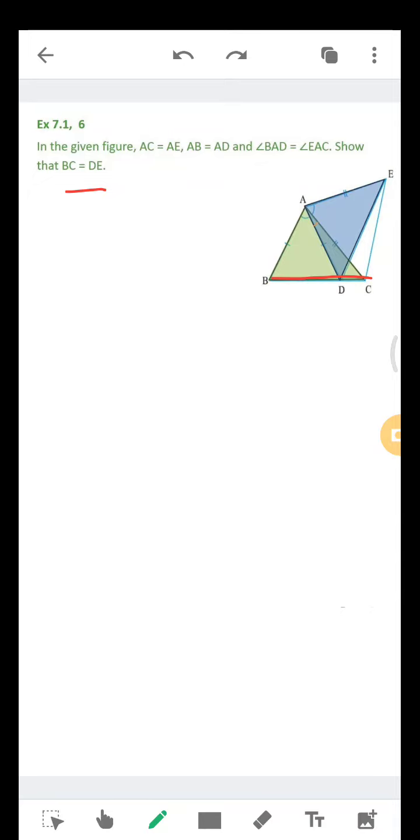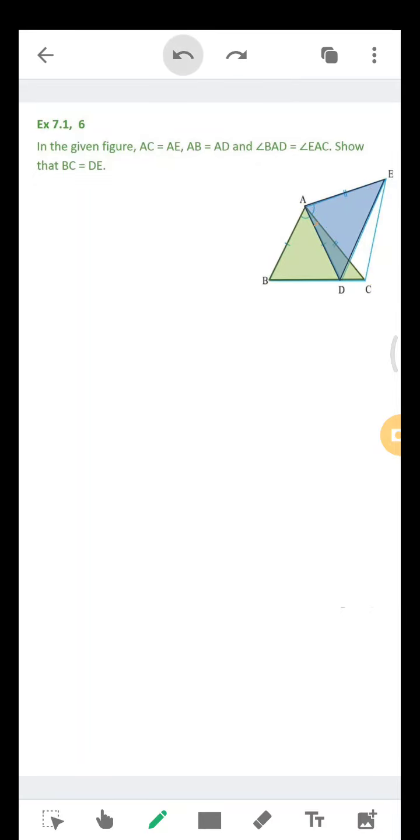So how to prove these two triangles ABC and ADE are congruent first? For proving these triangles, already we have the equal sides. AB is equal to AD, and AC is equal to AE.